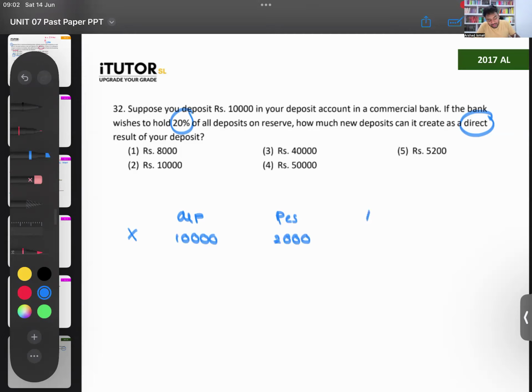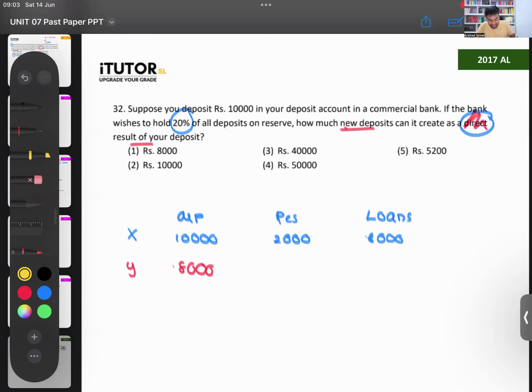Then how much would they give out as loans? 2,000 reserves, the balance 8,000 they give as loans. Now this 8,000 is the one that directly goes as a deposit to another bank, no? That is what they are asking you. Because of this deposit, how much of new deposits can it create as a direct result of your deposit?